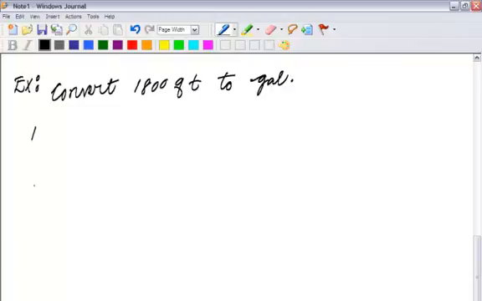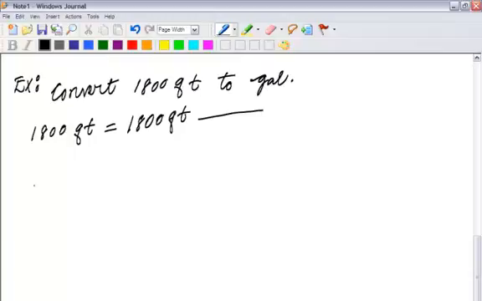So I start with 1800 quarts. I am converting quarts to gallons.